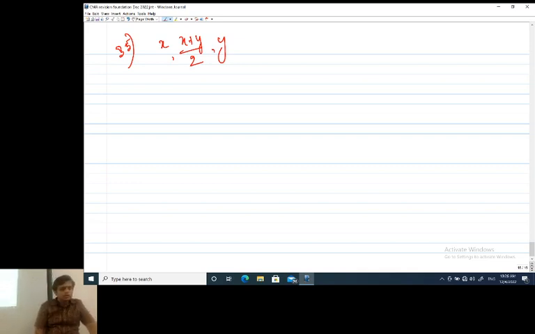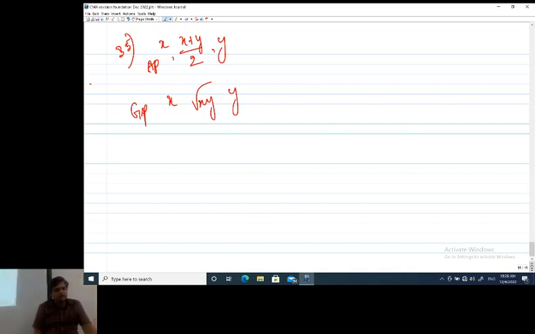Agree? Geometric mean is the root of xy. This is a GP. You are able to follow how I am deriving.